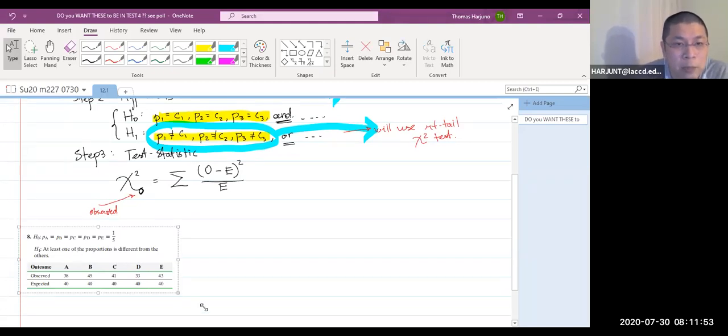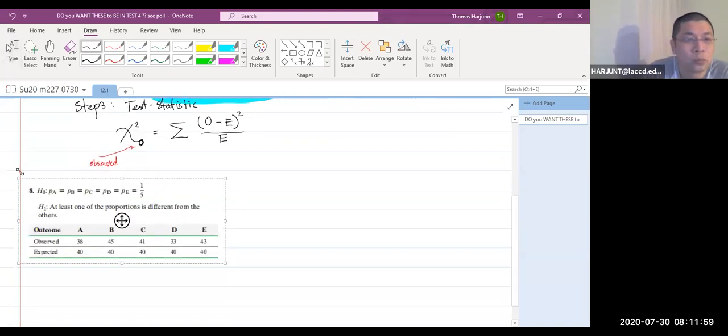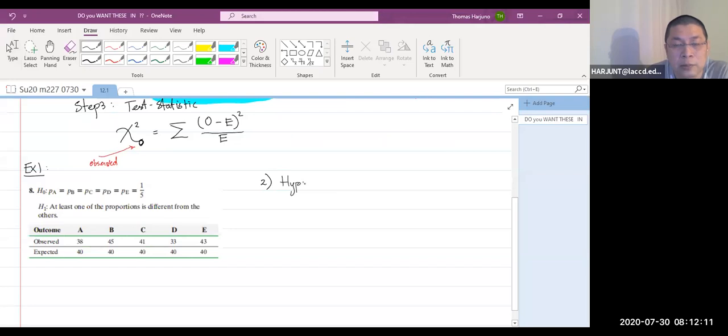This is number 8 from 12.1, for that example 1. They give us the second step. So step 2, the hypothesis. Maybe I clarify step 1, claim: none. Not given. So therefore, we cannot go as far as step 6. We can go only as far as step 5. Now the null hypothesis and the alternate hypothesis.